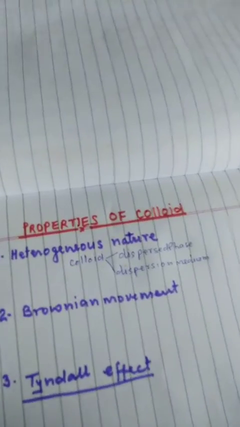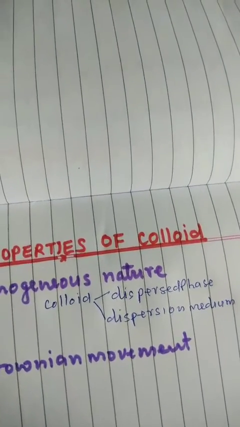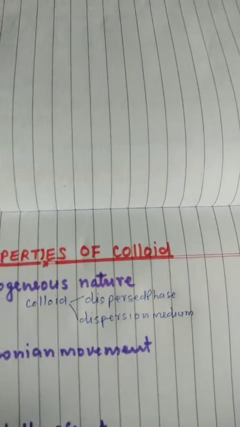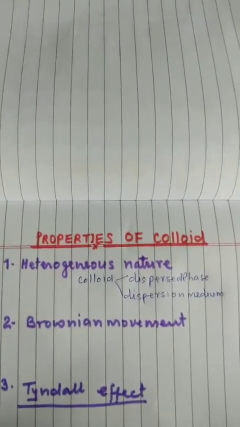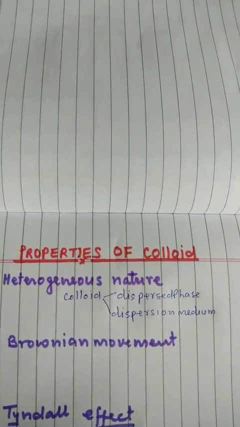So colloid is always heterogeneous in nature. Hetero means different, geneous means phases. So it is always heterogeneous in nature. It consists of two phases. One is dispersed phase and another is dispersion medium.